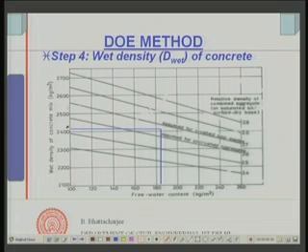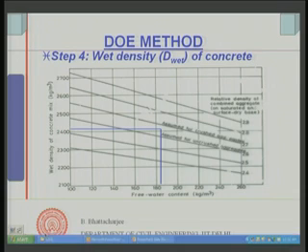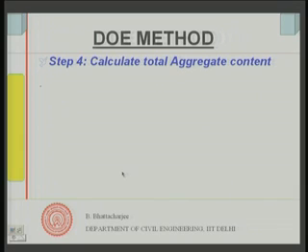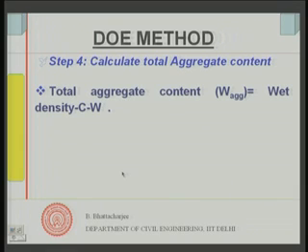So, I can interpolate in between and find out. So, I determine the total wet density in this manner, that is, when I know the free water content and the specific gravity of the combined aggregate, I can determine the wet density. And once I have done that, what I do next is calculate the total aggregate content using this formula.